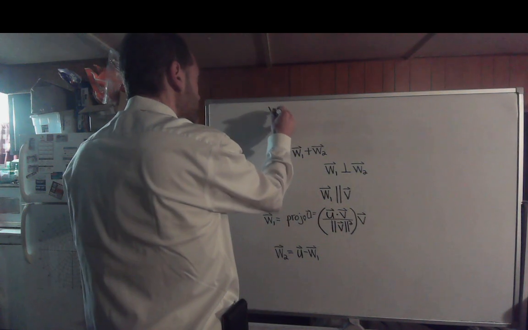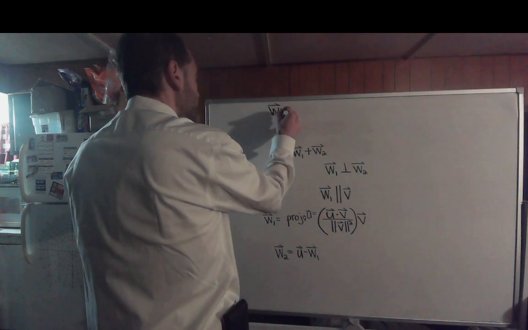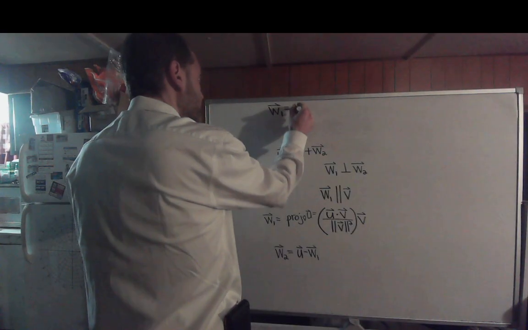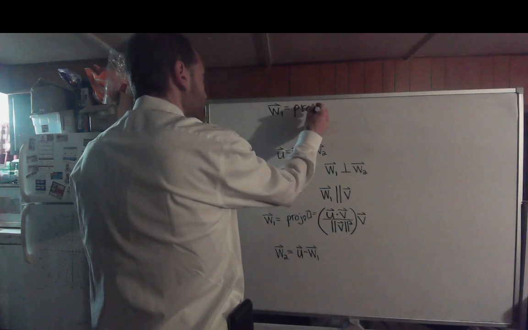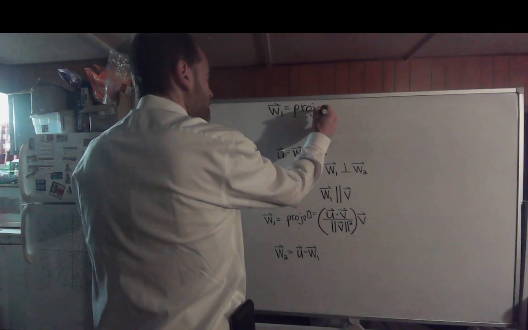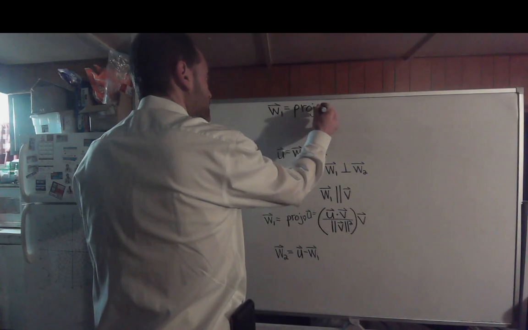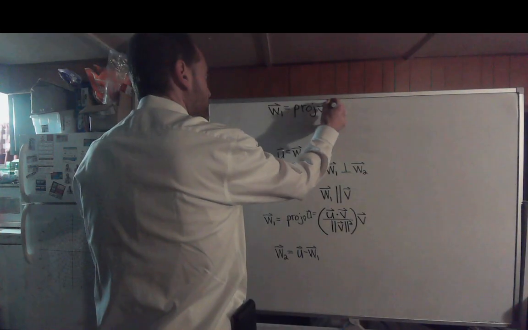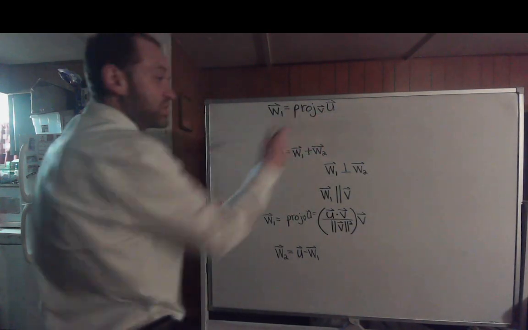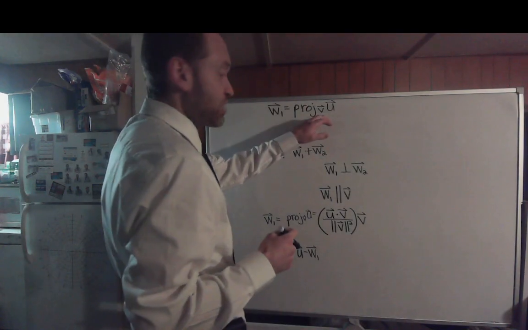So vector w sub 1 equals the projection of vector u onto v. That's how you would read that. It looks like it's almost backwards, like the projection of v onto u.